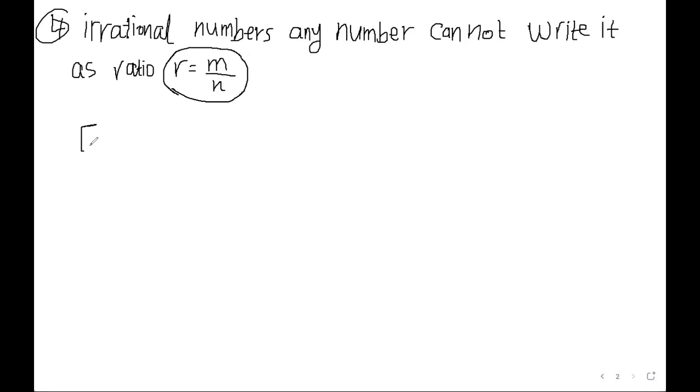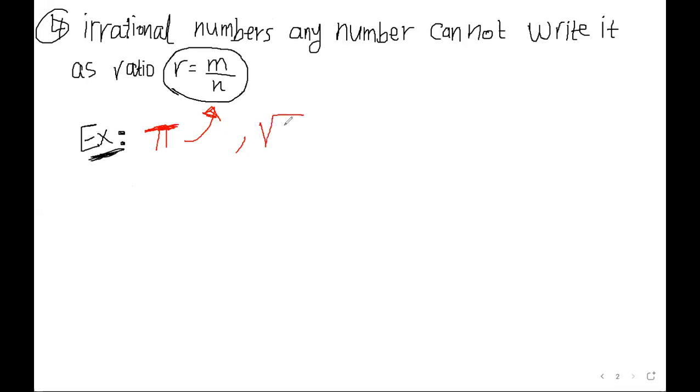Give me an example of an irrational number. Who can give me an example? Pi, exactly. What else? Pi is an example of an irrational number, because I cannot write pi as a fraction that looks like this. Never, I cannot. What is another example?